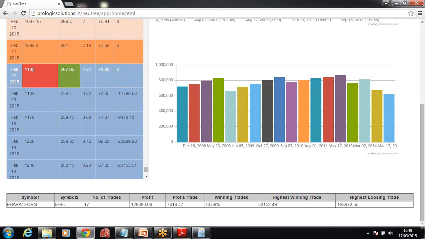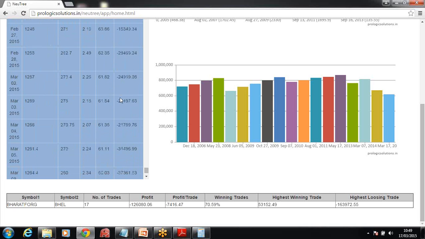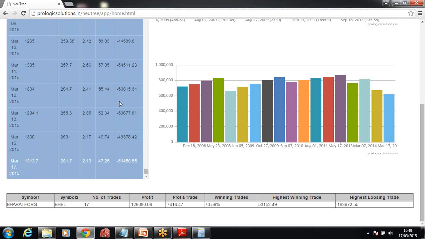Bharat Forge short, BHEL buy, and your correlation is less than 70% there, and your winning trades are also near 70%. Your profit per trade is always in minus, so you don't enter into these kinds of trades. In case you enter, you would have got a loss of 51,000 rupees.